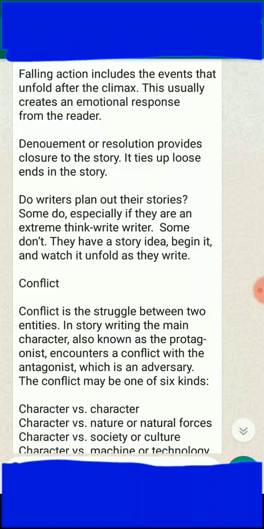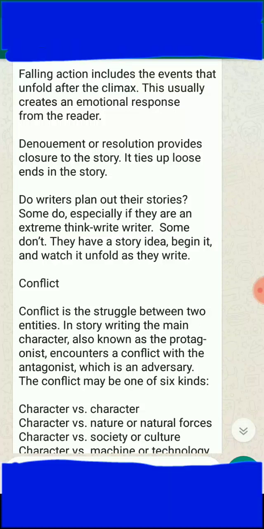Conflict. Conflict is the struggle between two entities. In story writing, the main character, also known as a protagonist, encounters a conflict with the antagonist, which is an adversary.